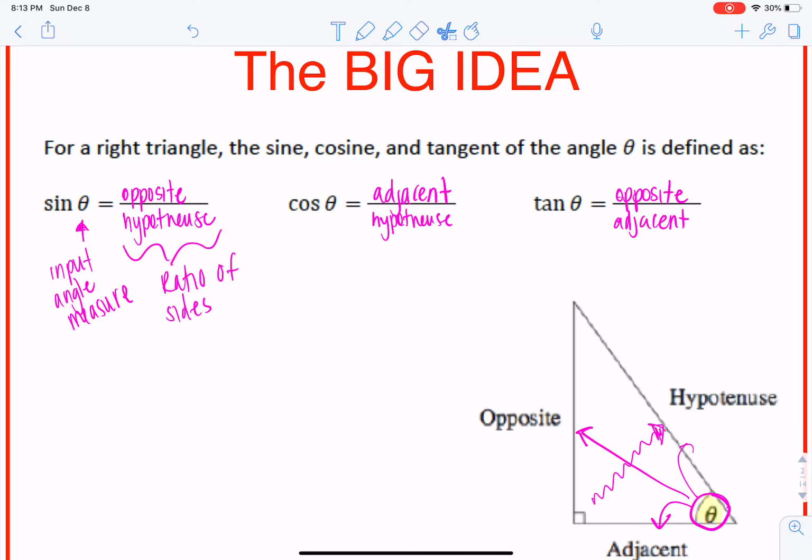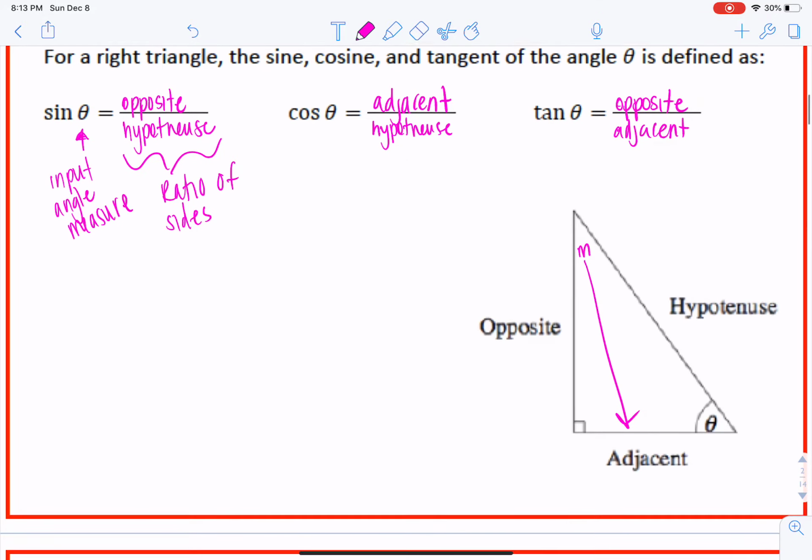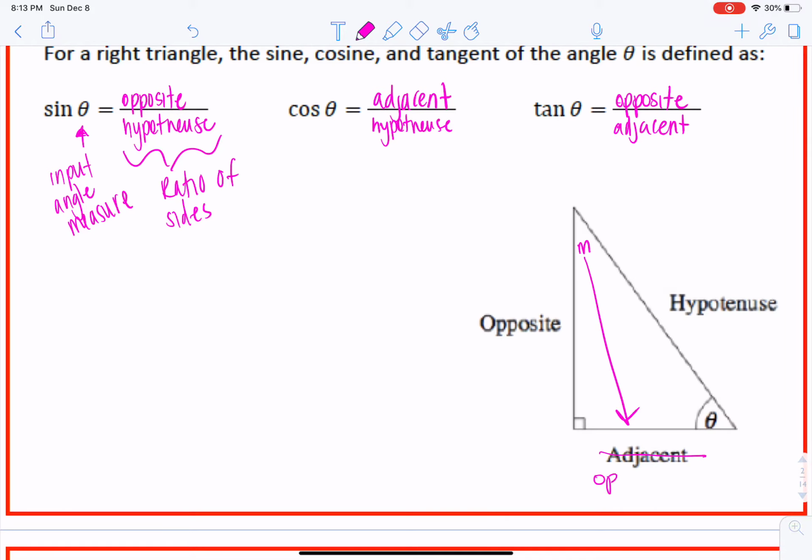So for example, if I were to talk about this angle as the measure of angle M over here, this would then be the opposite side. Let's scroll up a little bit here.